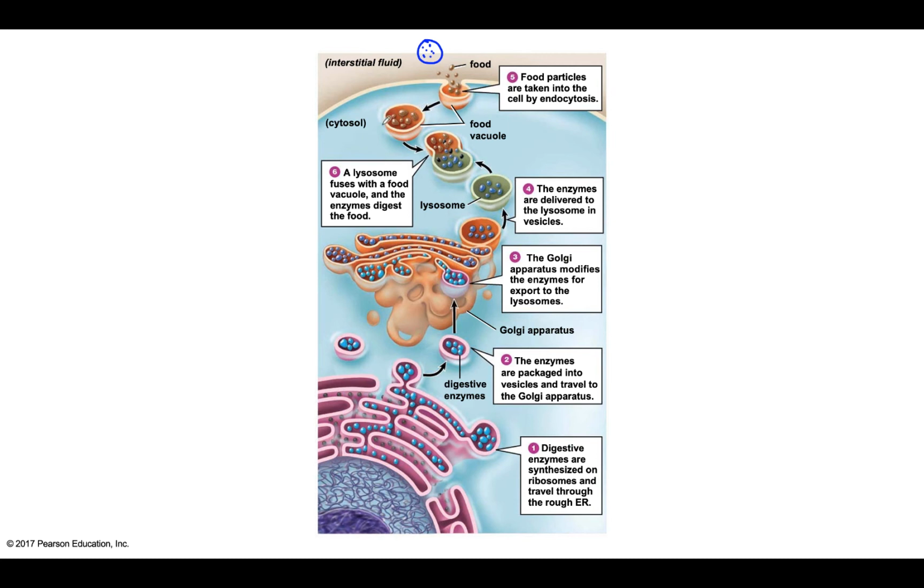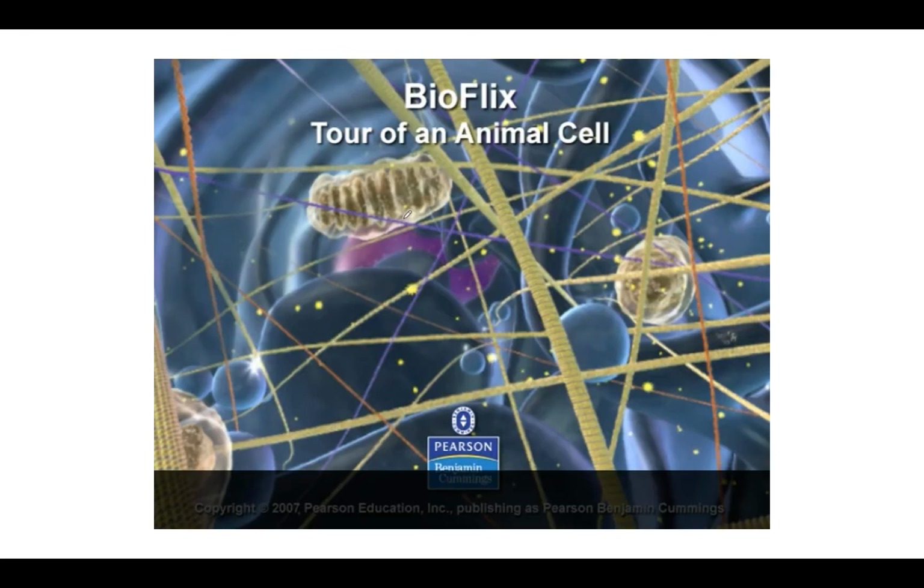So here's a vesicle carrying food molecules inside, and here's the lysosome. The lysosome then merges with this vesicle carrying food molecules, and the lysosome already carries digestive enzyme. The lysosome can digest food molecules. A lysosome fuses with a food vacuole and the enzyme digests the food. So you will watch bite size of animal cell.